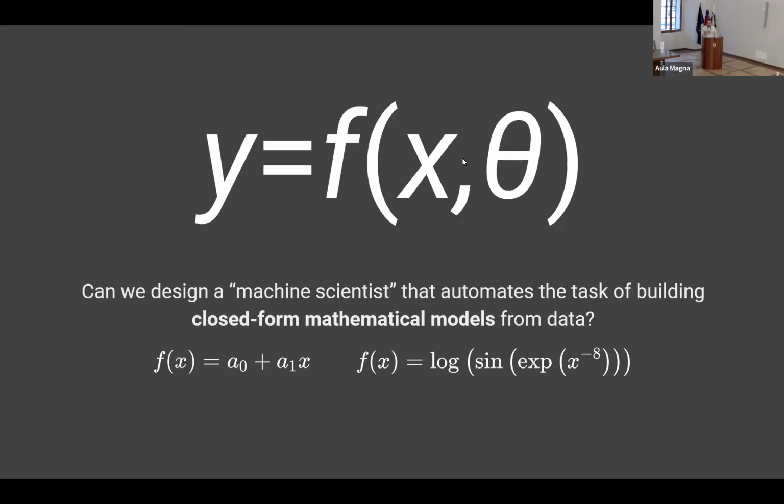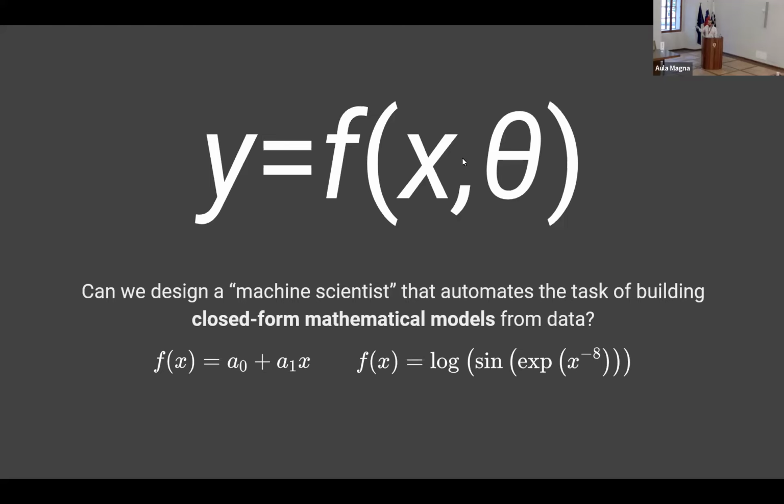And this thing we call a machine scientist. It's been called many things during many years, as people here know very well. Solving this problem goes under the name of symbolic regression, equation discovery, systems identification in engineering, and many other names, perhaps.